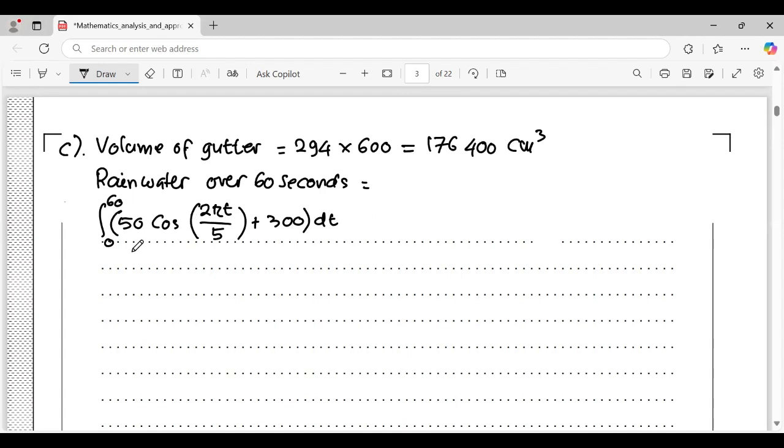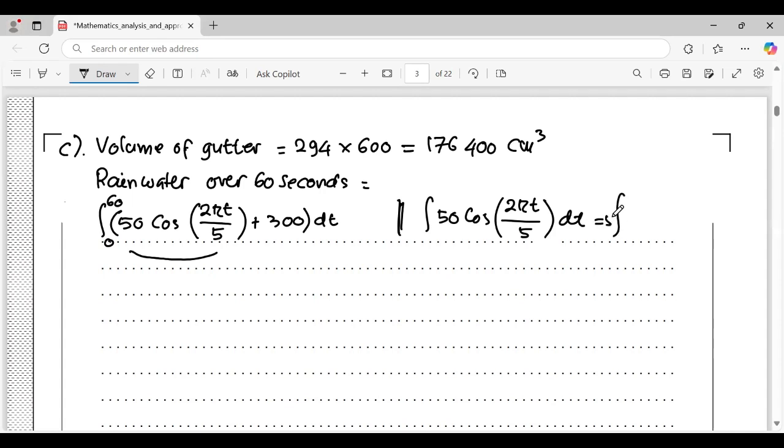I would like to describe the integral of this term. Integral of 50 cosine 2 pi t over 5 dt.